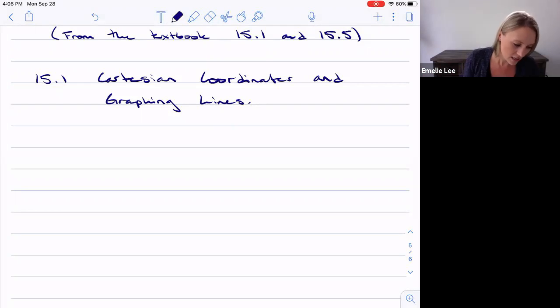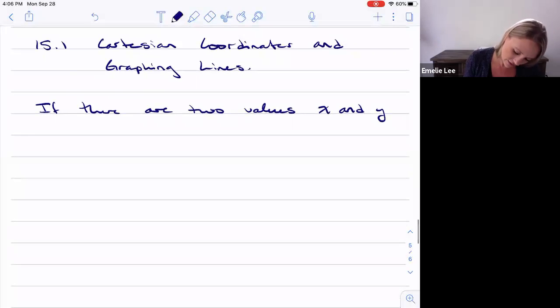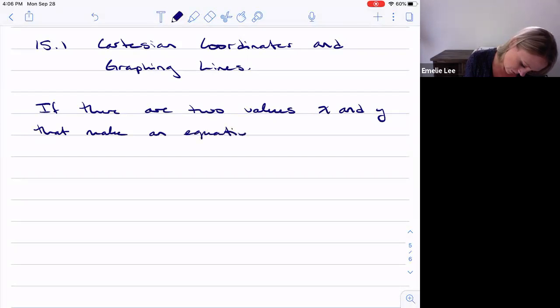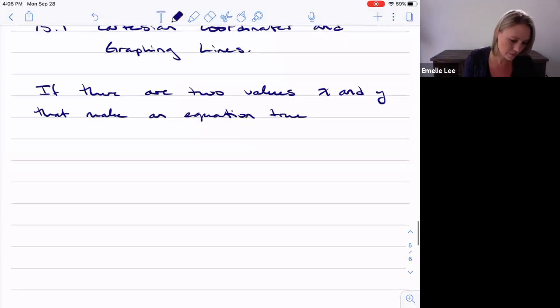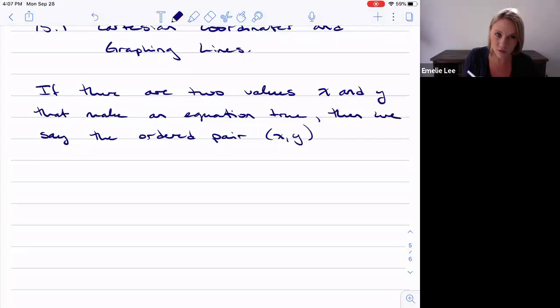And so what we say is, if there are two values, X and Y, that make an equation true, then we say the ordered pair (X, Y) in round brackets, and we saw ordered pairs just briefly in the Cartesian product, right?